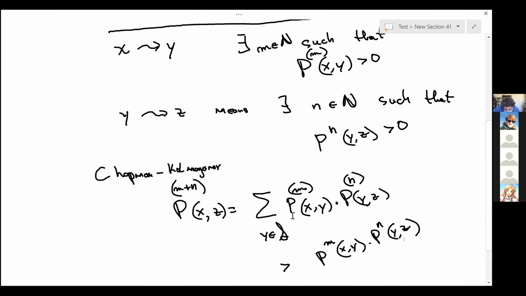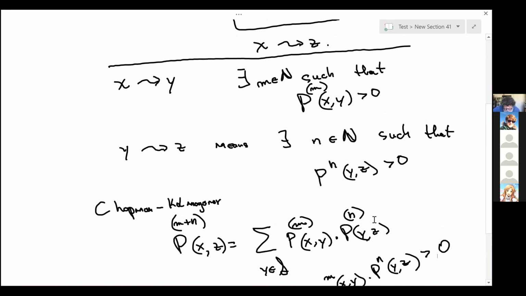And if you drop off the other terms for different y's, you're just leaving off positive stuff. And now these are each positive. So the product of two positive things is still positive. And now you're done. You've shown that there's an integer so that going from X to Z has a positive value. Okay, so I probably would use Chapman-Kolmogorov.